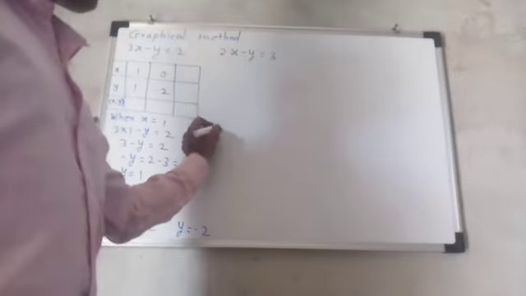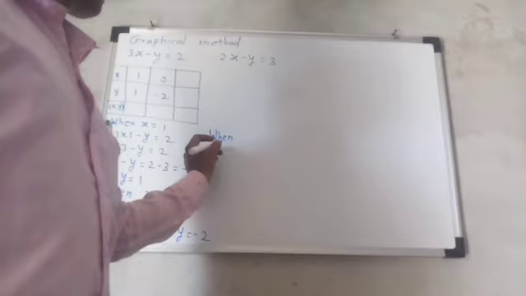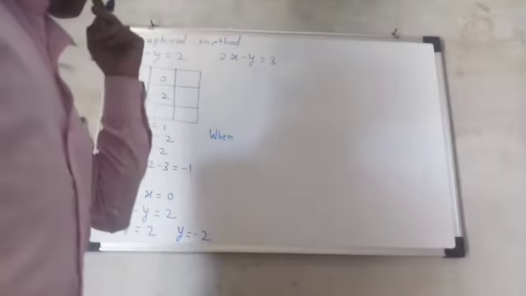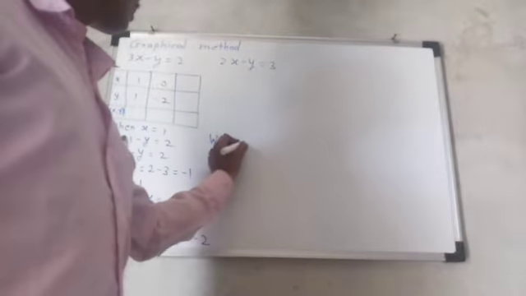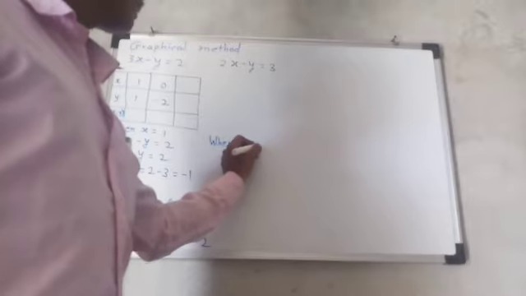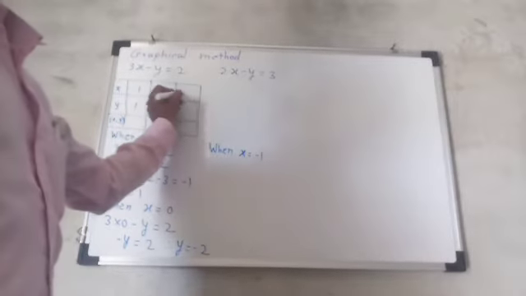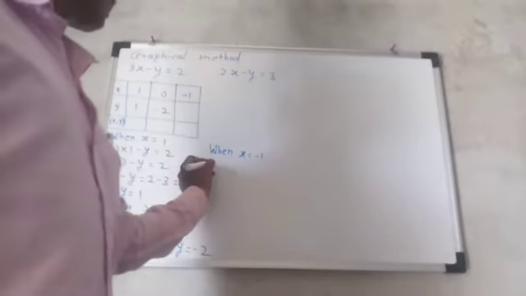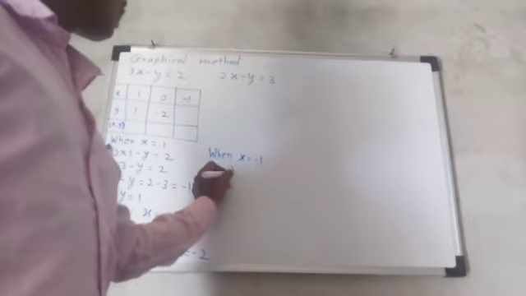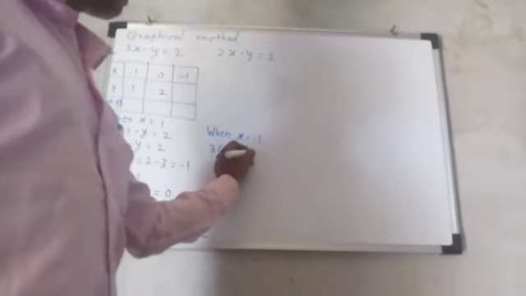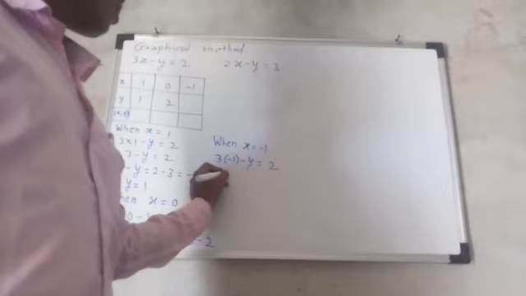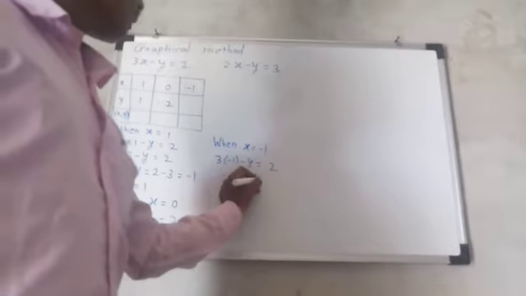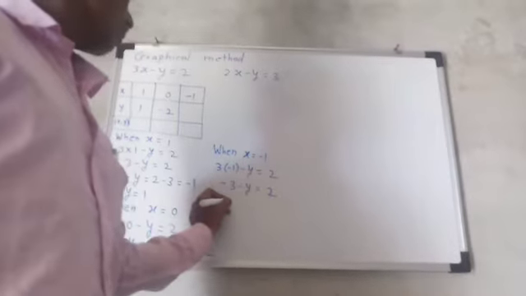When x is equal to minus 1, 3 into minus 1 minus y is equal to 2. Minus 3 minus y is equal to 2.